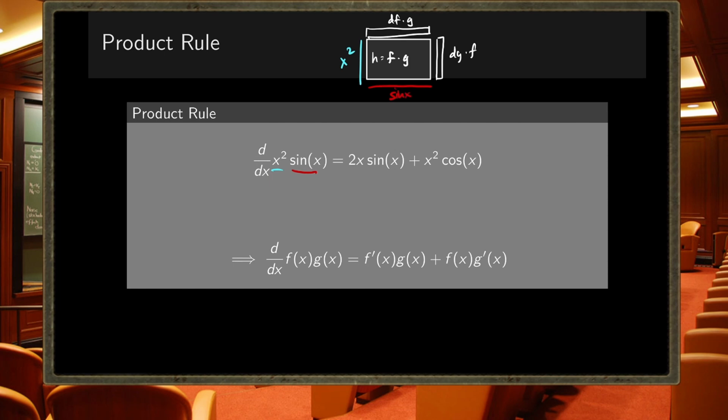The wiggle of f times g, that's this guy up here, plus, right, the other part of the change, plus the wiggle of g times f. So that's why you need both of these things, and that's why it's not as simple as just f prime times g prime. We have to have it written like this.